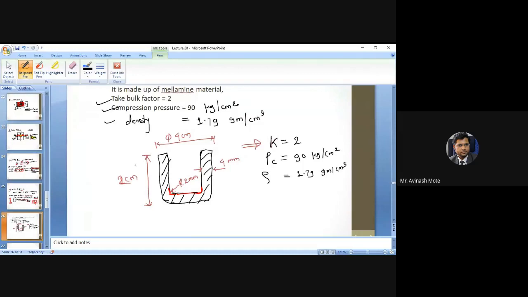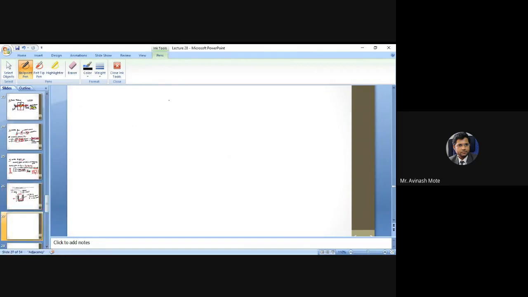Now in the design of this product, everything is given: diameter, height, the entire corner radius, and wall thickness. So one by one, in the same way that we discussed, we will go.